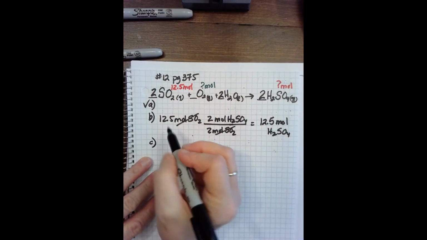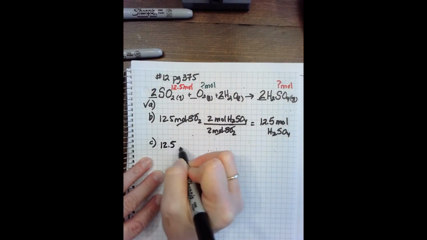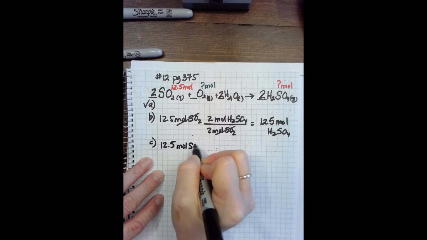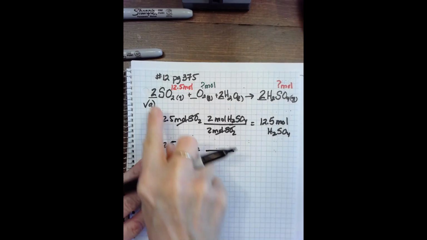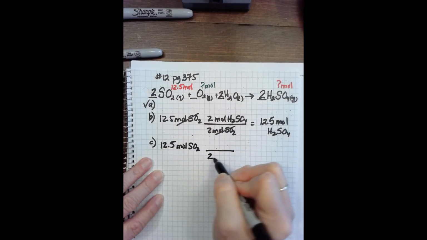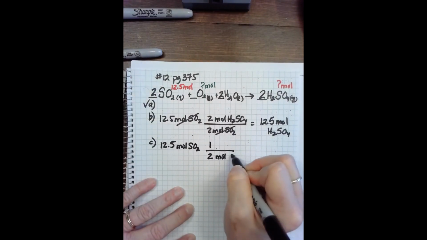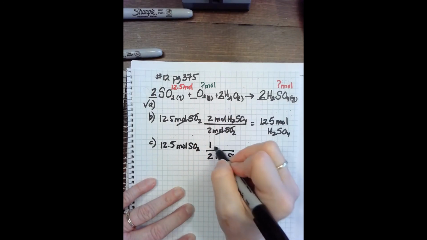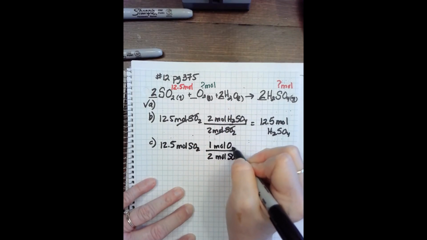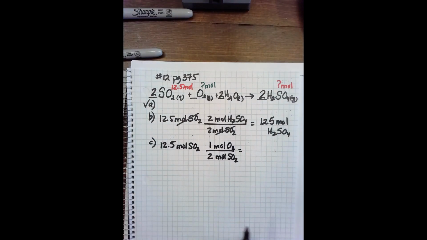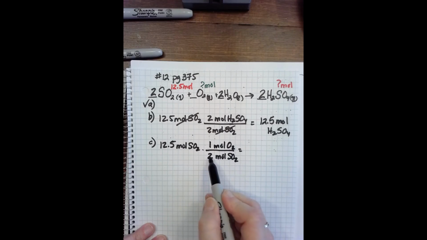Again, we're going to start with the data that we have, 12.5 moles of SO2. Reacts with, let's say 2 to 1, right? 2 to 1. 1 mole of SO2, 1 mole of O2. Not leaving out any of those words. Multiplication is indicated, multiplication and division.